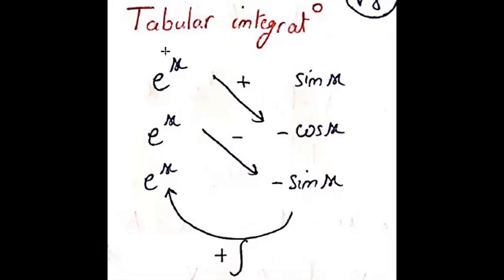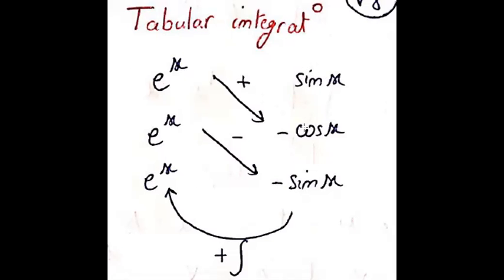So what we do is that we put the exponential on the left and we derive it twice. So the derivative of e^x is e^x, and again it's e^x. And we put the other function, which is sine, on the right, and we integrate it twice.